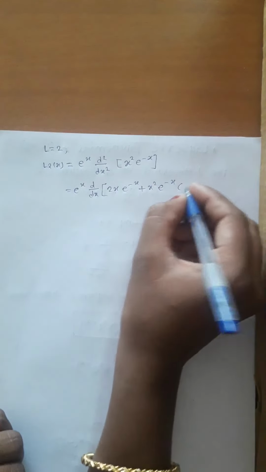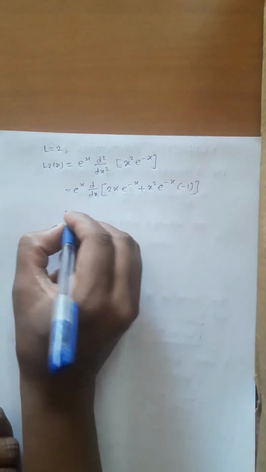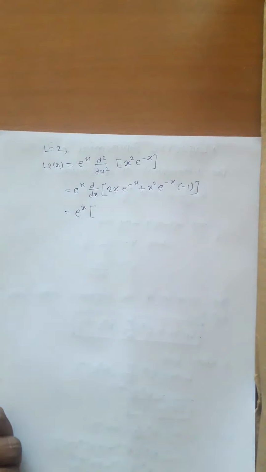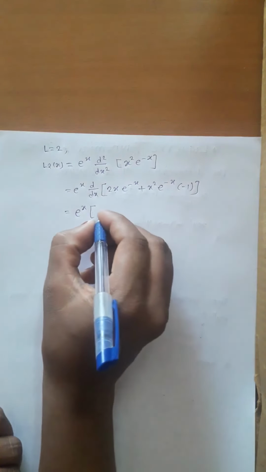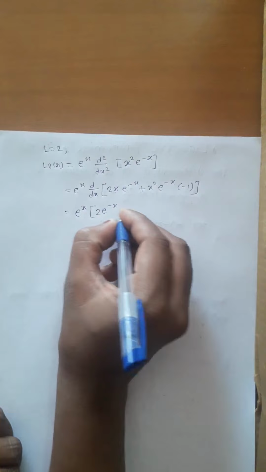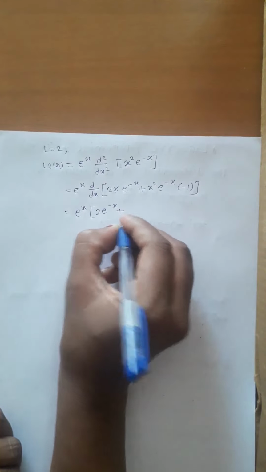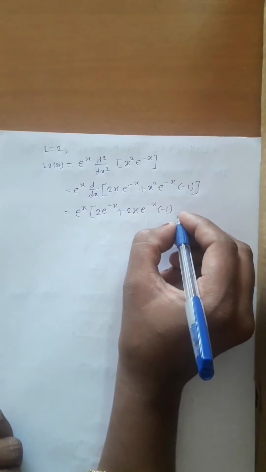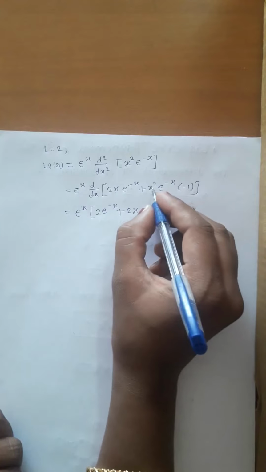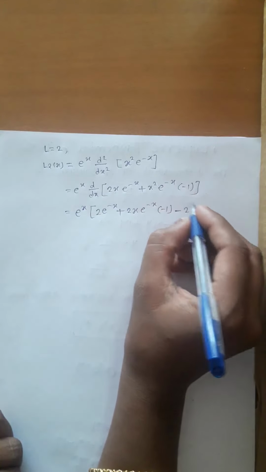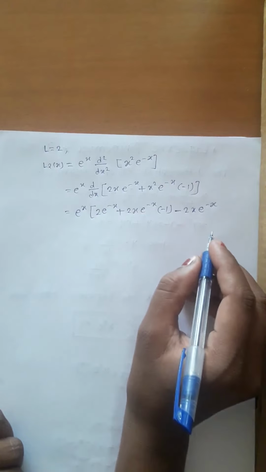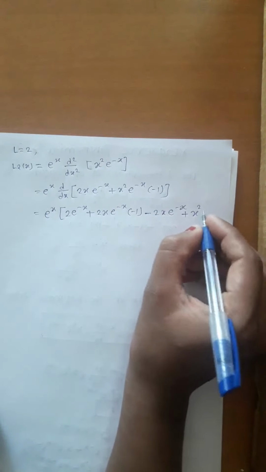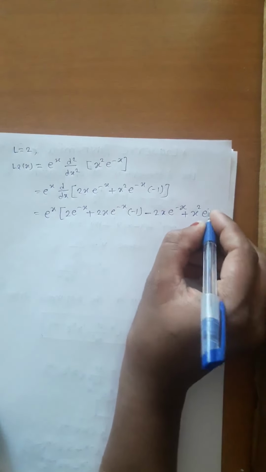Again, derivative of minus x will be minus 1. Then e raised to x into d by dx of this, therefore 2 e raised to minus x plus 2x e raised to minus x into minus 1, minus 2x e raised to minus x, derivative of x square, plus x square e raised to minus x.